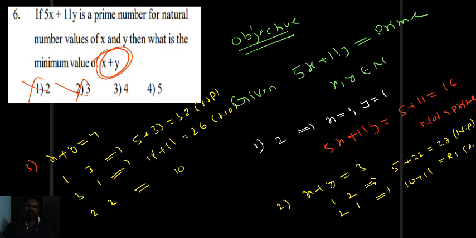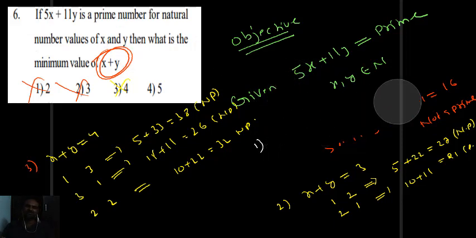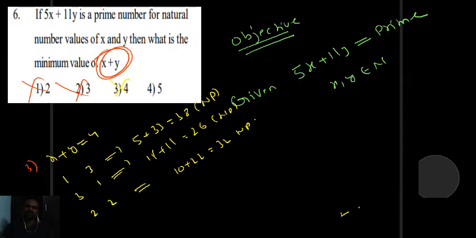For 2 and 2, 10 plus 22 is 32, not a prime. So option 3 is also not correct. Now I want to take option 4, so I am erasing these things.